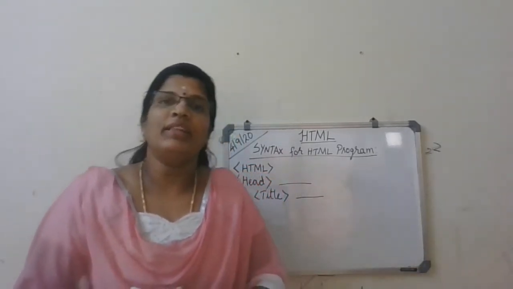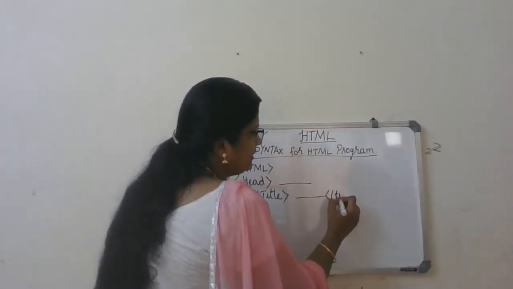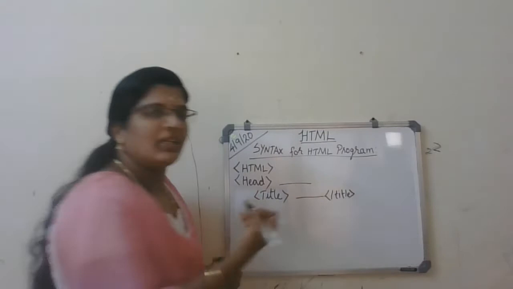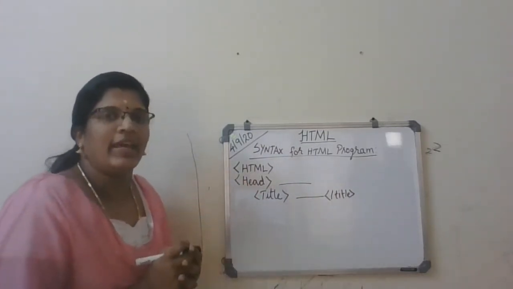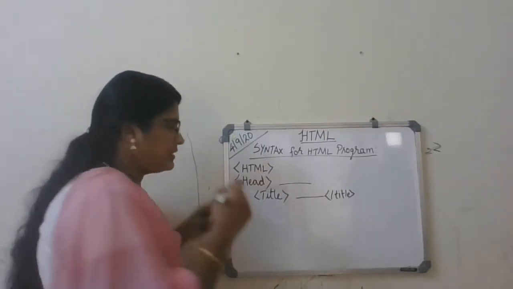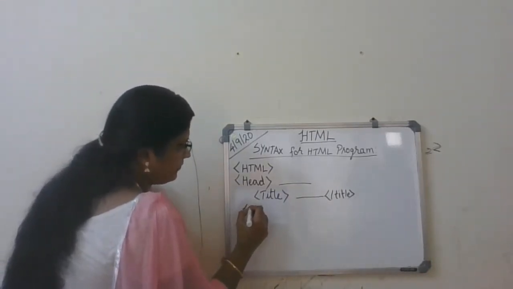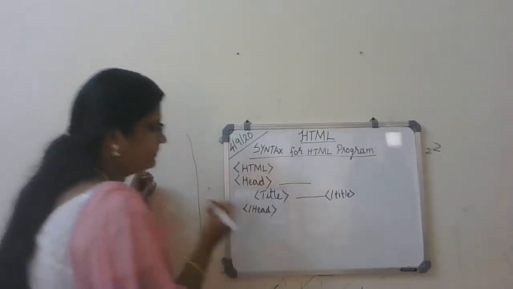Then after giving the title, we have to close this title, /title. Title is closed. Then what do we have to do? We have to close the head, because head is enclosed with a title, /head. Got it?